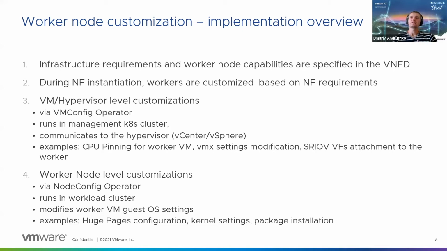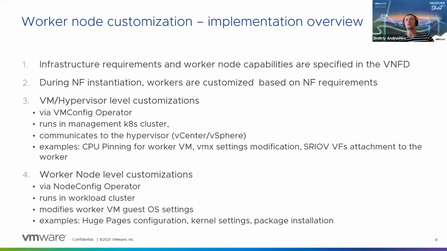Another set of customizations which are typically required is modification of the host operating system, basically of the Linux operating system where the worker node runs. Examples of these modifications are quite a few. For example, installation of the custom packages which are required to run a given network function, installation of the dependent libraries, modification of kernel settings, or even modification of the kernel itself.